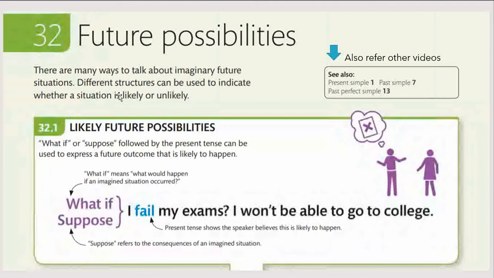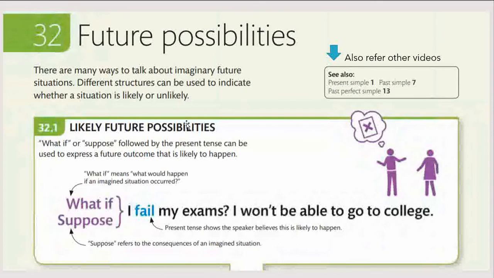For example, different structures can be used to indicate whether a situation is likely or unlikely. So we are going to look at likely situations and unlikely situations, and we'll see how it changes the construction of the sentence and what tenses are used with likely situations and with unlikely situations. So as we go along, kindly make a note of it.